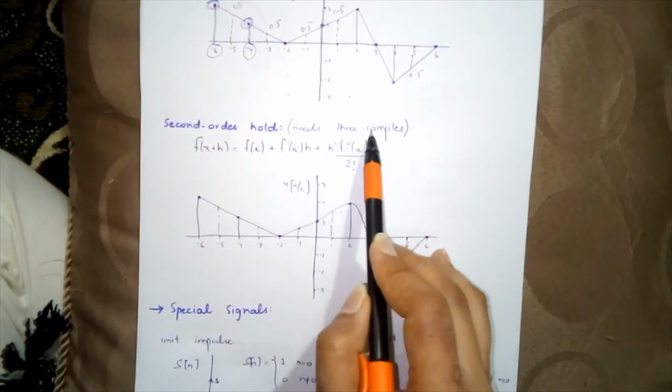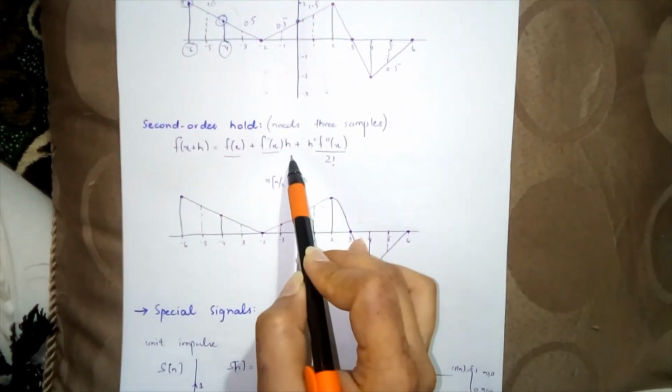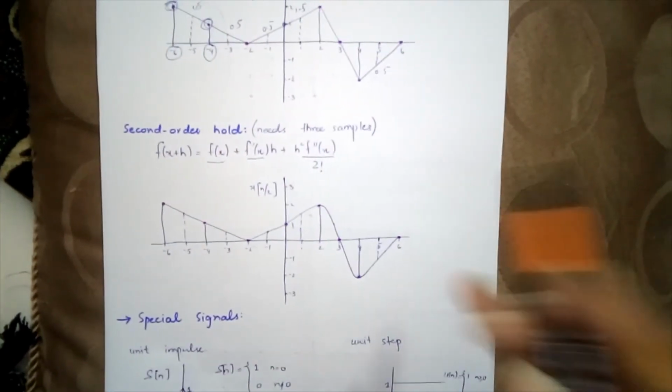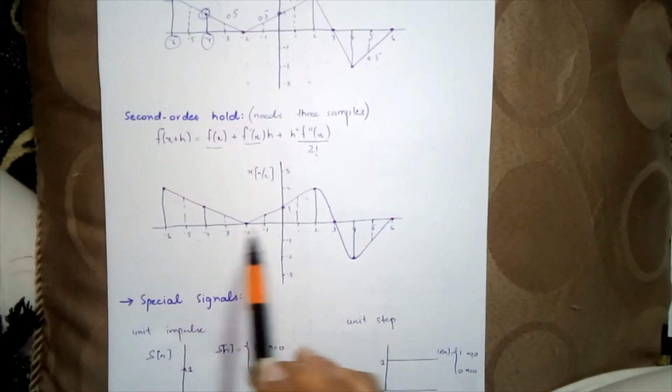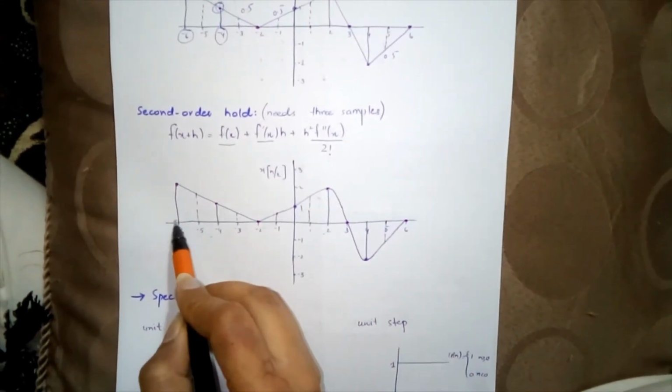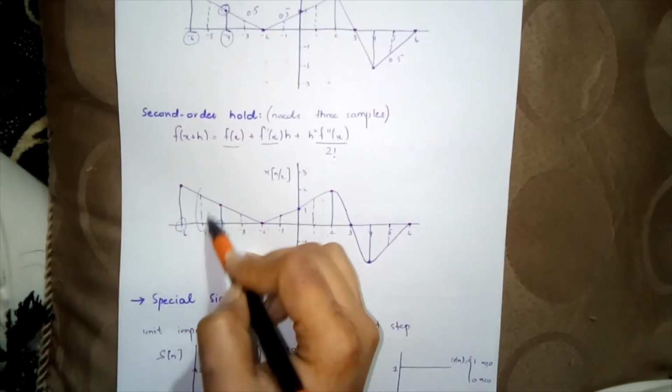In second order hold, we need three samples: the simple function, the first derivative multiplied by h, and the second derivative multiplied by h squared divided by 2 factorial. In this order, we take the average values of these two signals and get the middle value.